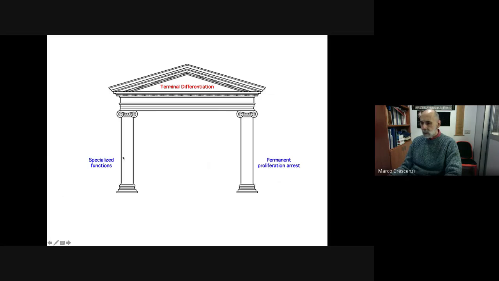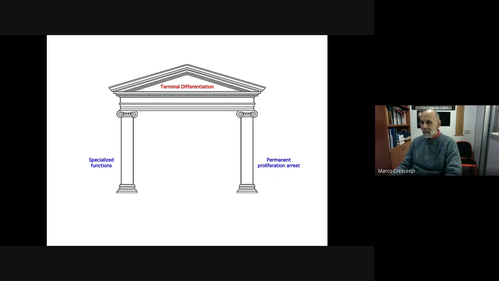Let's talk about the first one, specialized functions. Well, all cells are specialized in some sense. Compared to a totipotent zygote, all cells have some degree of differentiation, and we don't really know nor understand what degree of differentiation, if any, requires the postmitotic state, requires exiting permanently from the cell cycle.